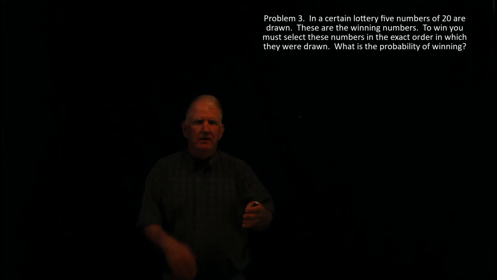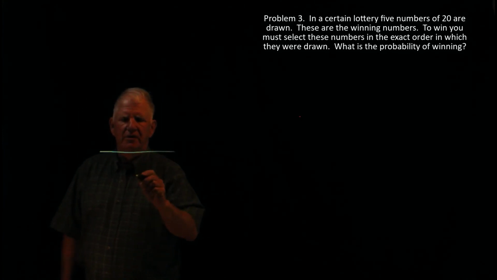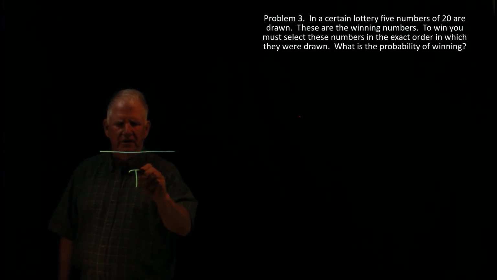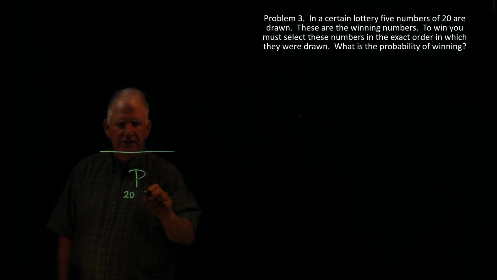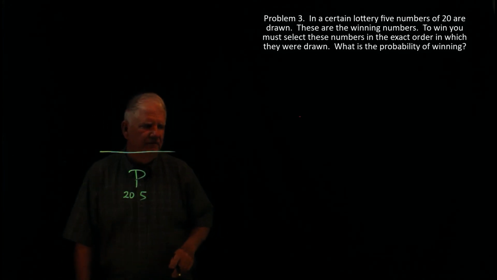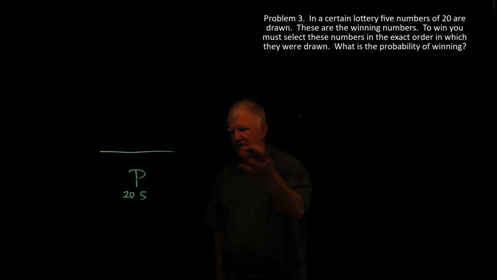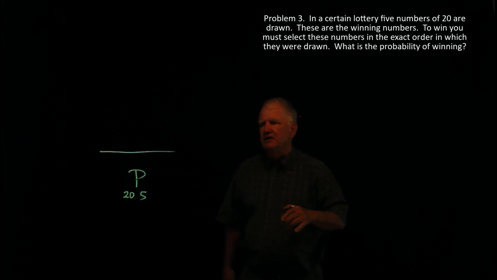So when order matters, the total number of possibilities is the number of ways that I can take 20 numbers and pick out 5 at a time, 20 things, 5 at a time with permutations. I chose permutations because the order of these 5 numbers matters. If it didn't, I would have taken combinations.